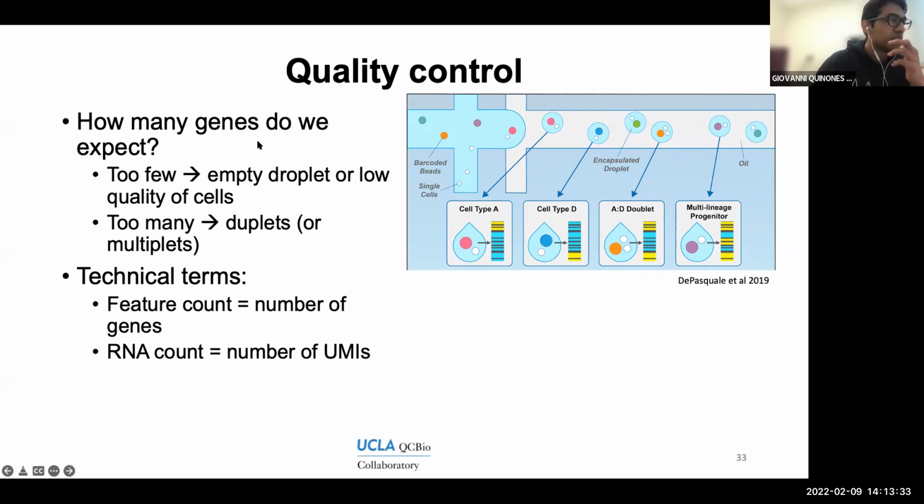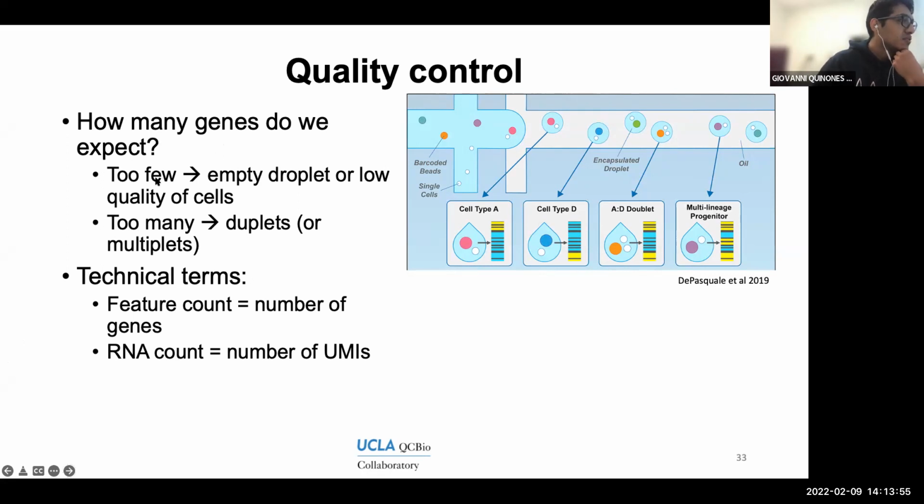So one of the questions that we can ask about our single-cell RNA sequencing data is, how many genes do we expect? If we look at an individual cell, how many genes should be expressed within a particular cell?